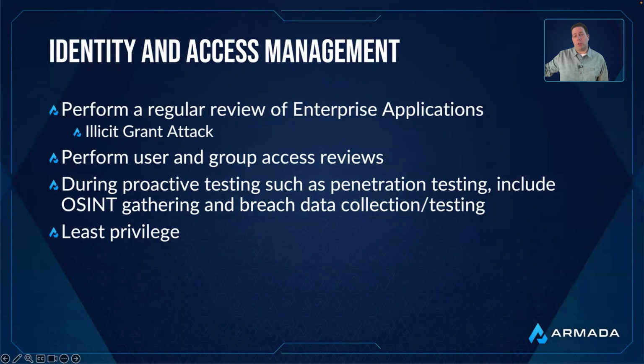Least privilege is a core tenet of zero trust, which basically says, don't give employee A admin to everything, right? You should only provide the specific permissions needed for that employee's job requirements.